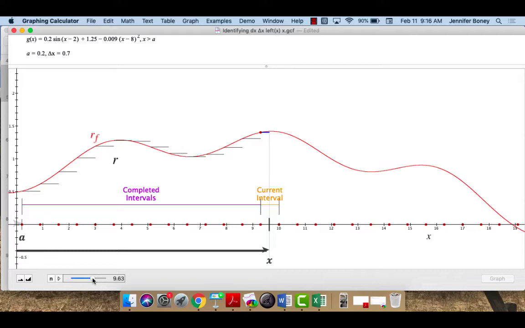That's kind of a weird process. How would I describe for a generic x how many delta x's fit before that? And second, how do I say in general for any x how far it is into the current interval? That's also a weird one.